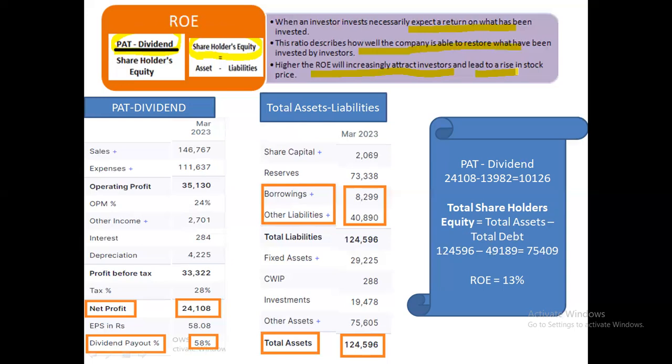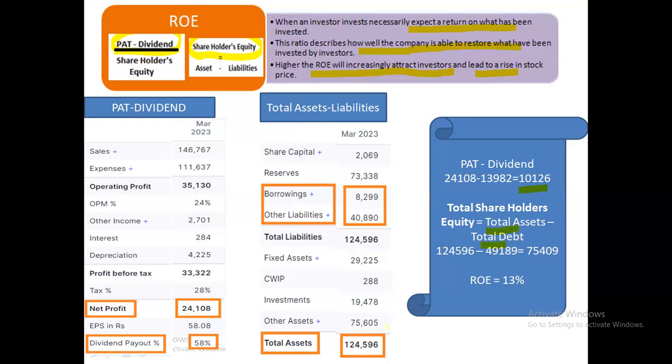So we are understanding ROE, PAT minus dividend. PAT minus dividend we have already done with our example earlier in earnings per share, so you can refer to that. Second, I've just put it for your reference, 10126, PAT minus dividend. Total shareholders equity equals total assets minus total debt.